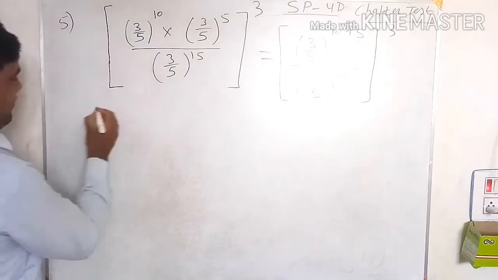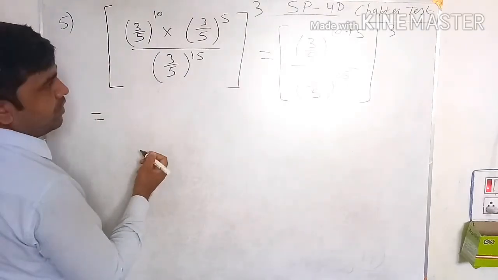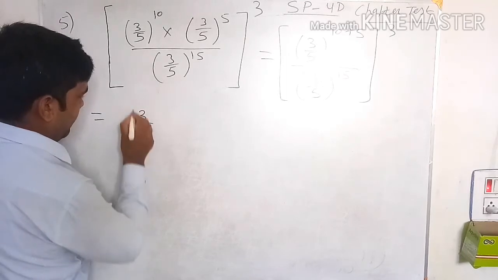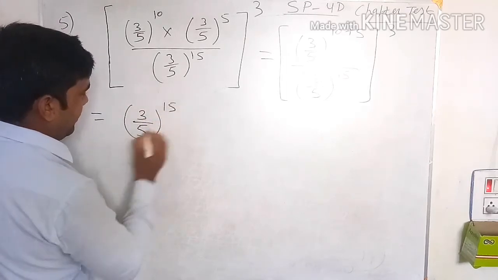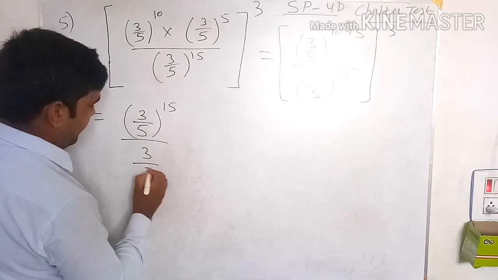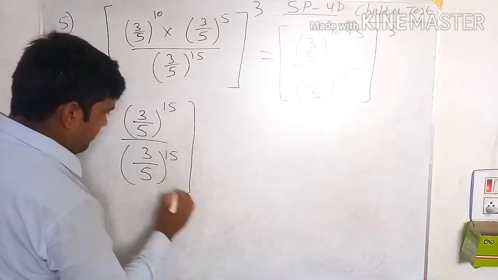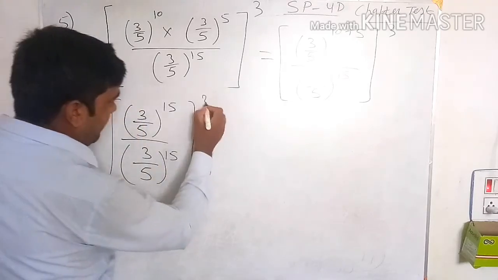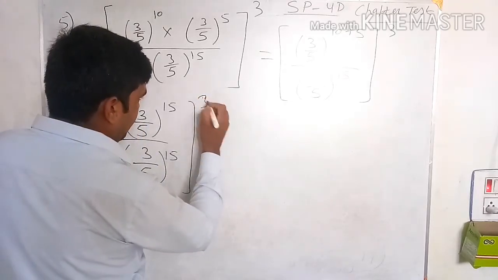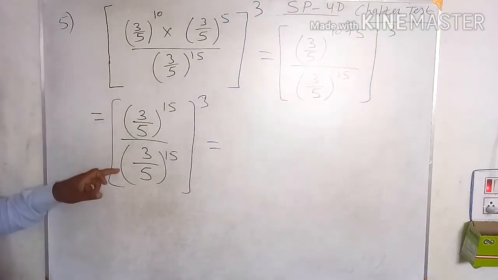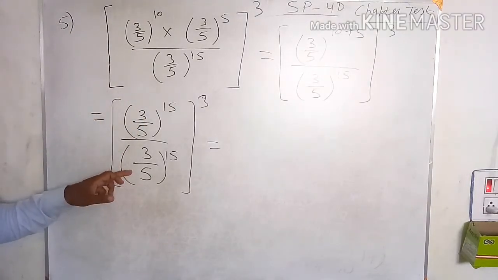So in the next step what we can write? 3 by 5 to the power 15, 10 plus 5 is 15, upon 3 by 5 to the power 15, and whole to the power 3. Now see, here bases are same and both are divided with each other. Now we apply the quotient law.